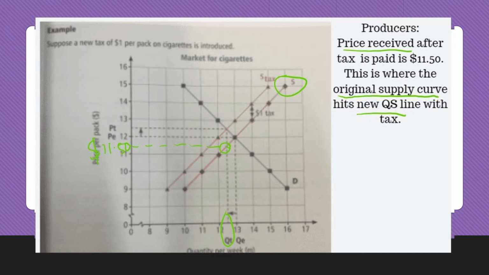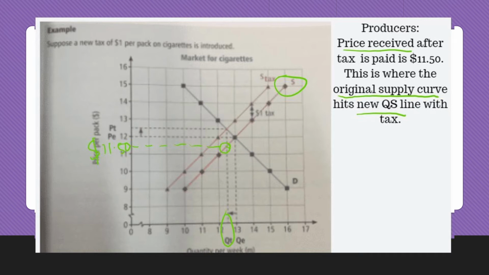So this was the original graph, and now at the new price, where we had our $12.50, that supply curve with the tax, and our quantity lines, we use our quantity line, where it comes down and hits our original supply curve.